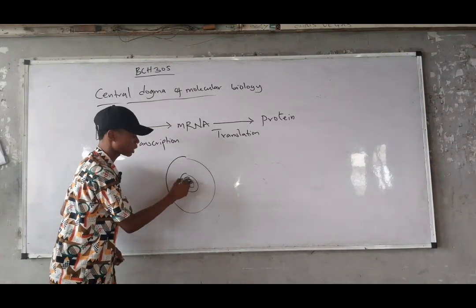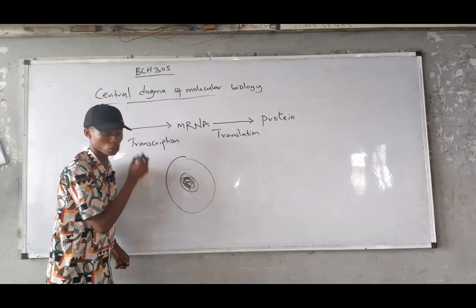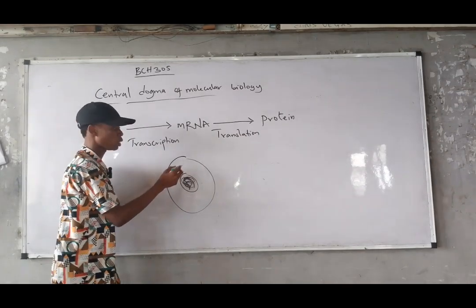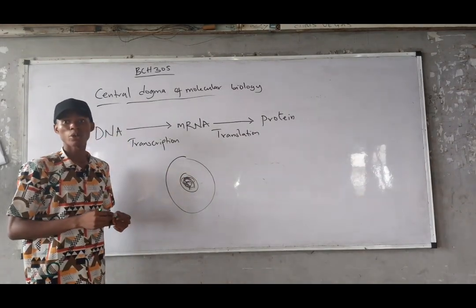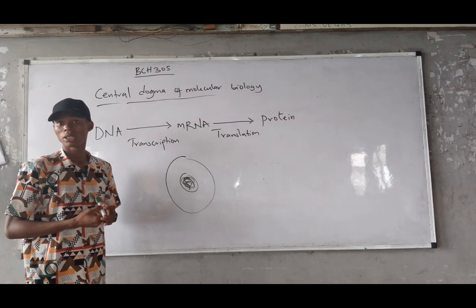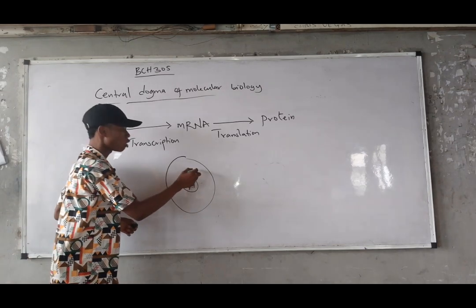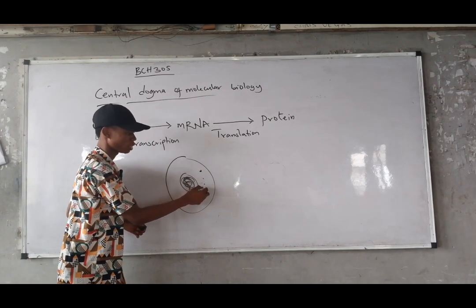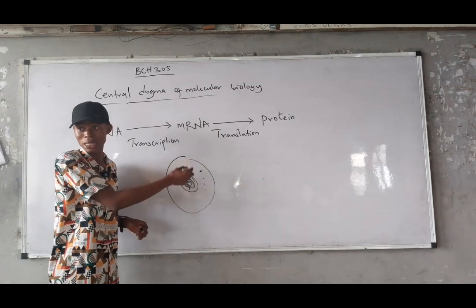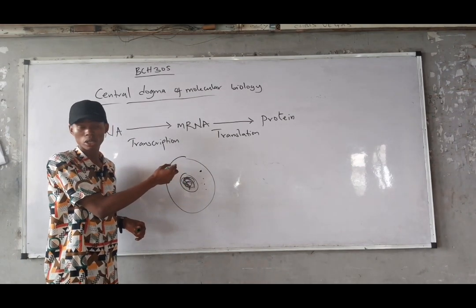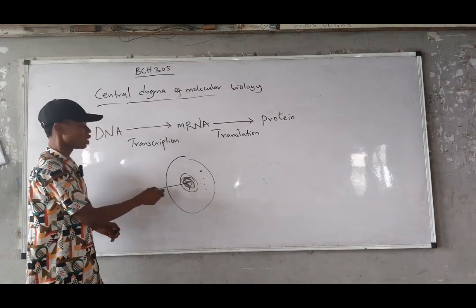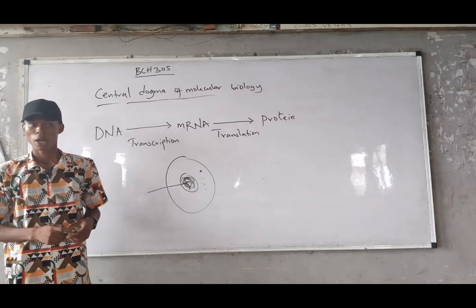And this is where the genetic material is, the DNA is, right? Good. Where does protein synthesis take place? The ribosome, right? Good. Now the ribosome is found here, right? In the cytoplasm, right? Is it not? And the DNA is found in the nucleus.